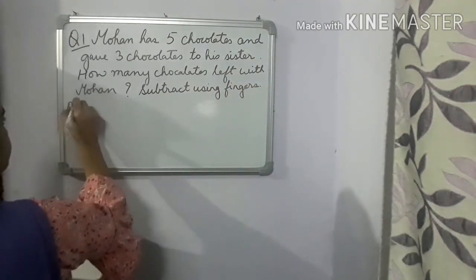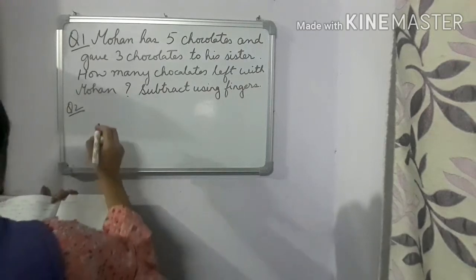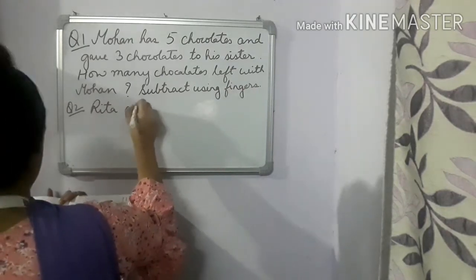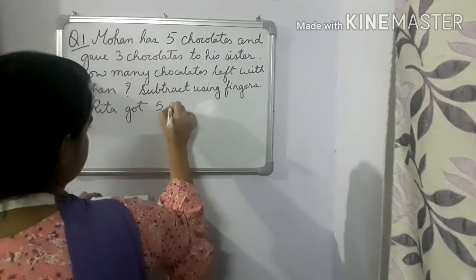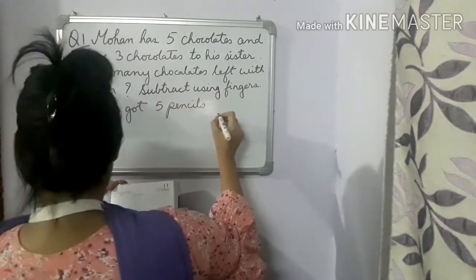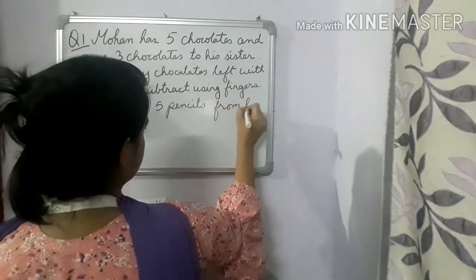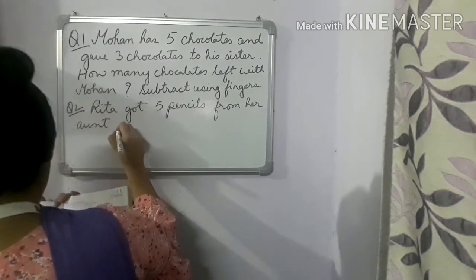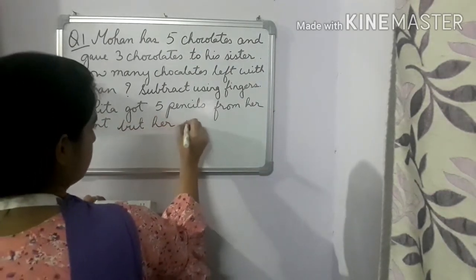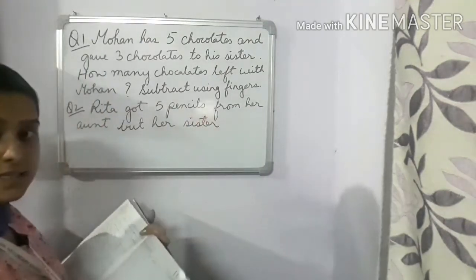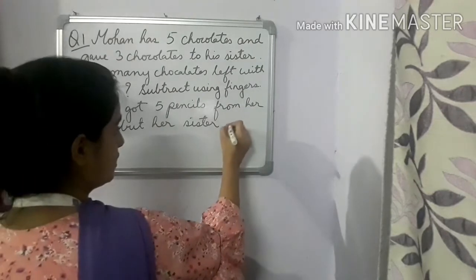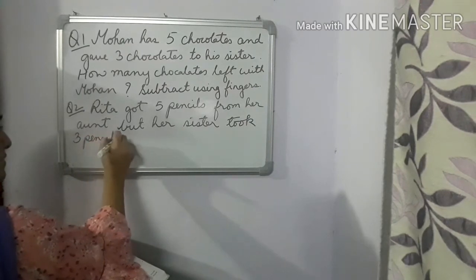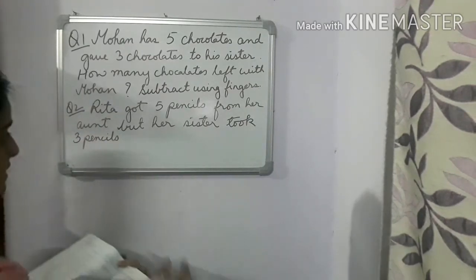Okay, number 2. Rita got 5 pencils from her aunt. But her sister took 3 pencils from her.